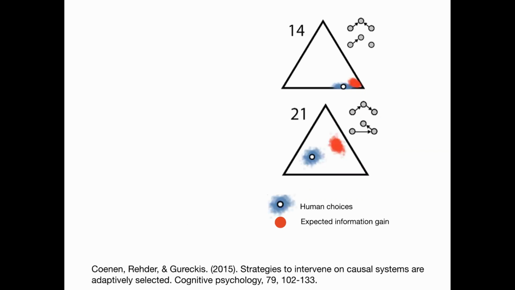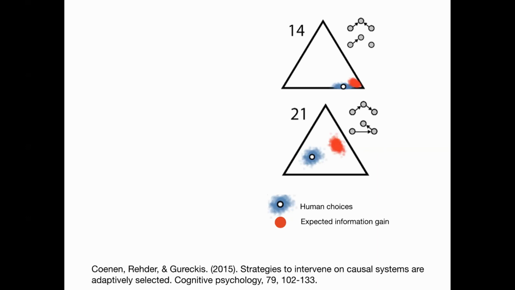The 2 plots on the right are data taken from Coenen et al. and correspond to the 14th and 21st of the 27 pairings. A triangle is a simplex and represents the probability of choosing a particular node. For example, a point near the bottom left corner denotes that with high probability, the bottom left node was selected as the intervention.